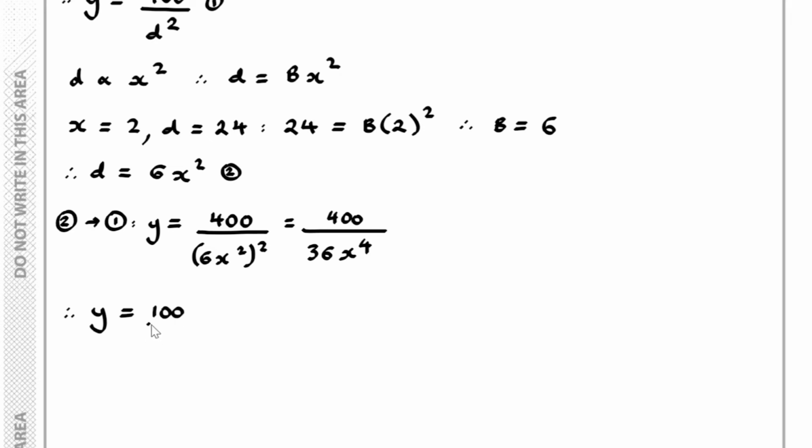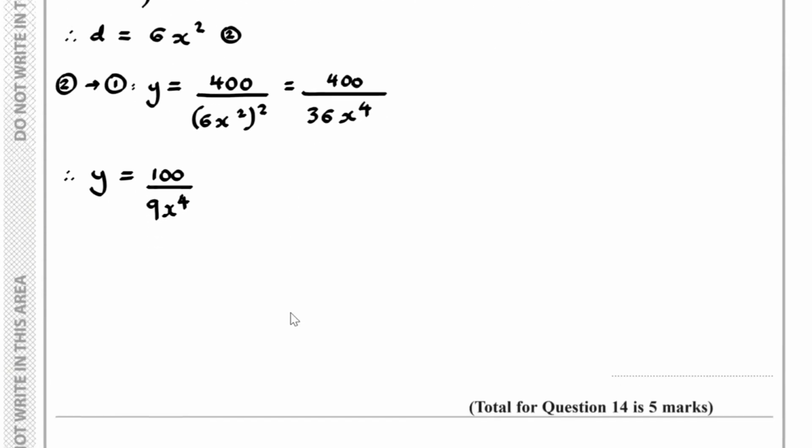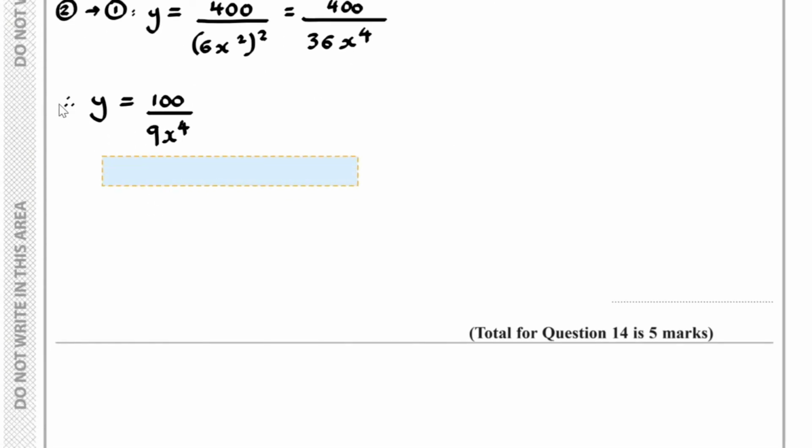We have 100 divided by x to the 4. Rather, 100 divided by 9x to the 4. And so this is what our formula is. Y equals 100 over 9x to the 4.